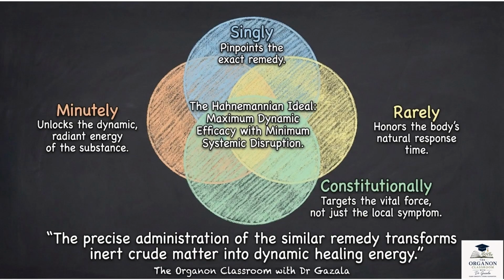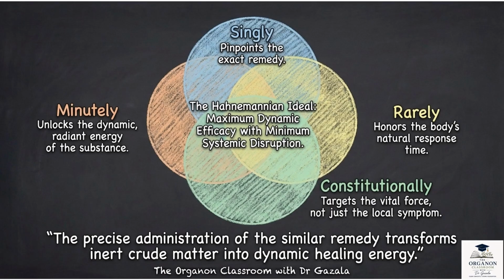Now come all the precepts we have studied, together forming this Hahnemannian ideal. Singly, because the clearer the prescription, the clearer the action of the remedy. We want to identify and administer the exact similar remedy rather than obscure its action with unnecessary combinations, right?